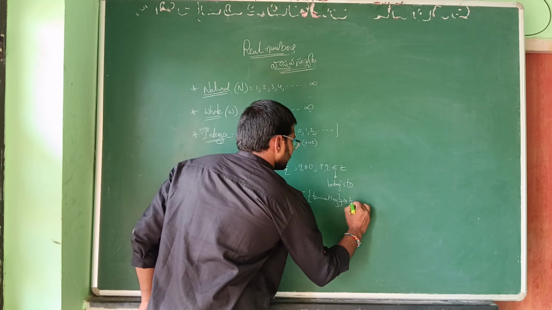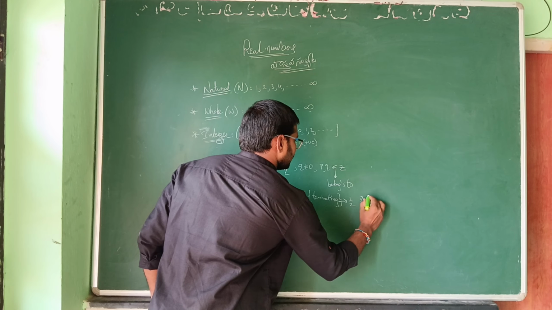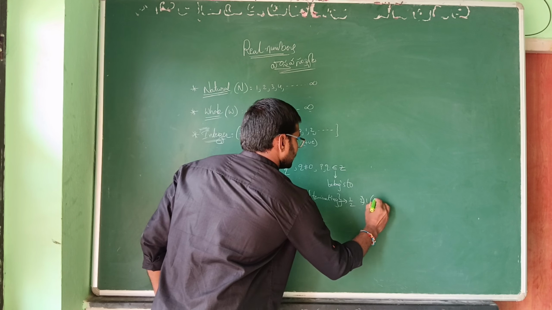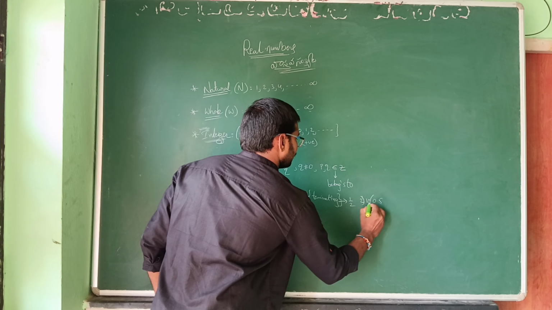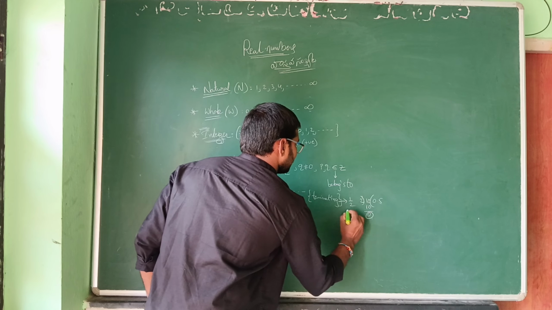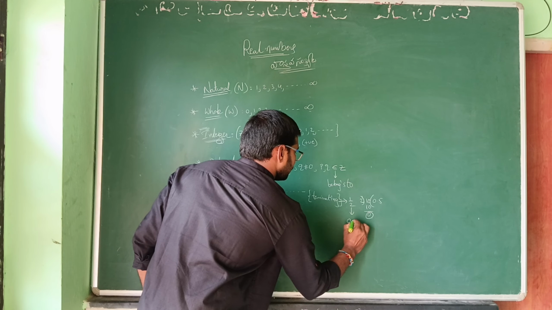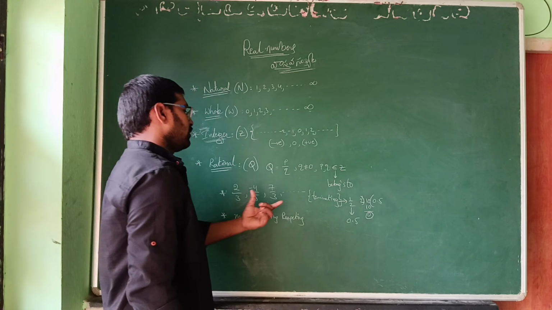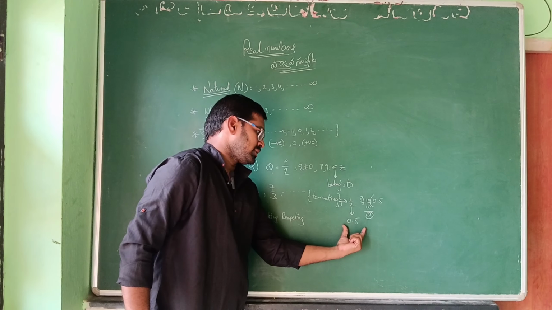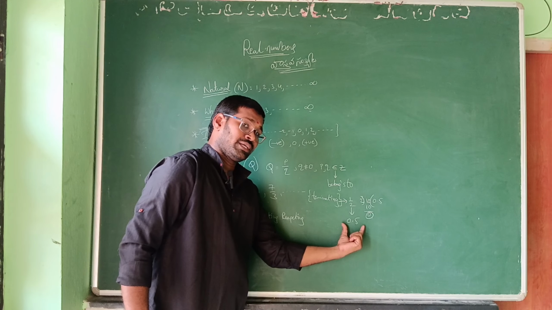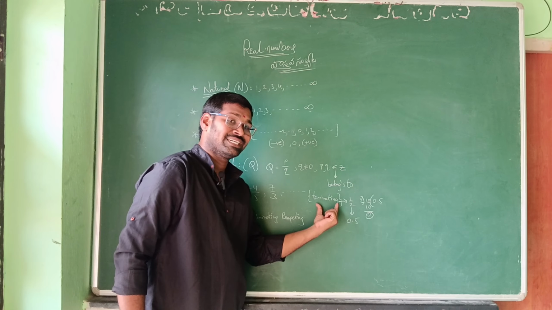See, 1 by 2. 2 divide with 1. See, 0 point 0. 2 5s are 10. That means 1 by 2 is nothing but 0.5. 0.5 is a terminating decimal.